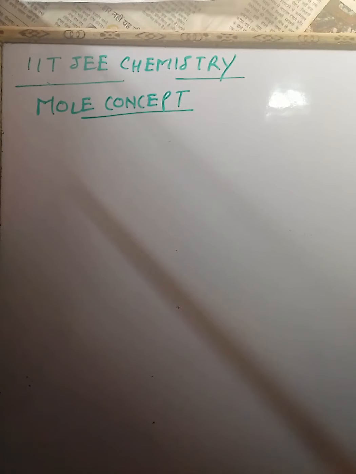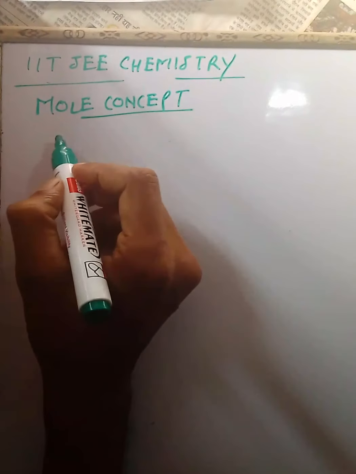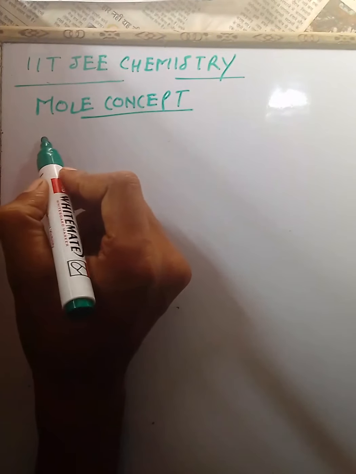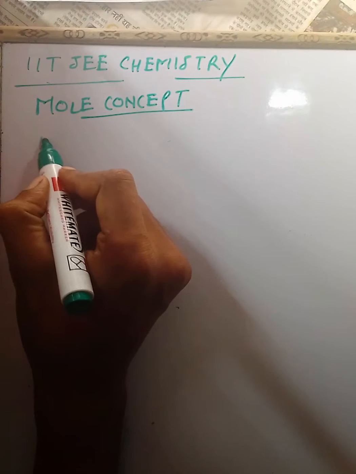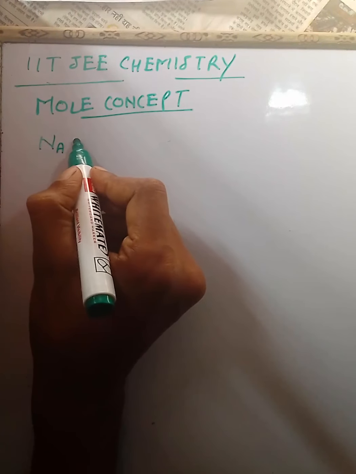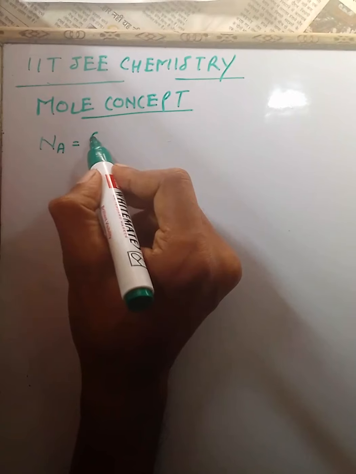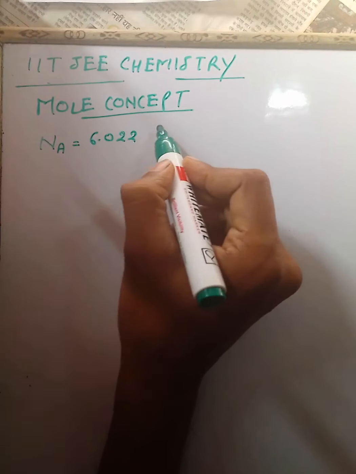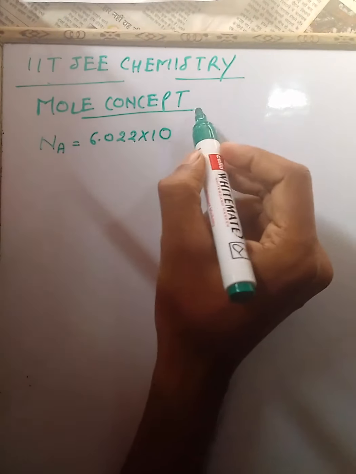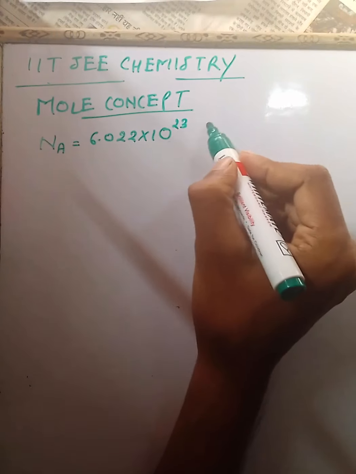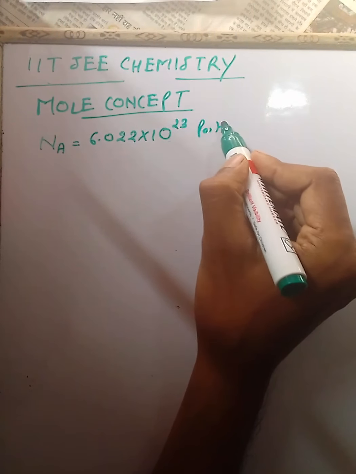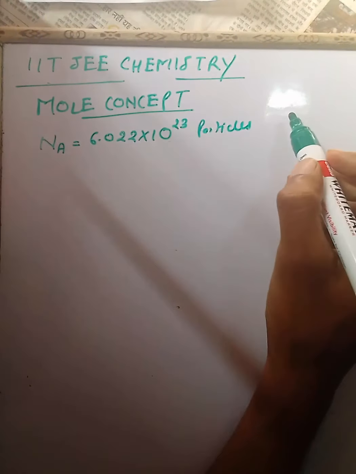So in the mole concept we have one number, 6.022 × 10^23 particles.